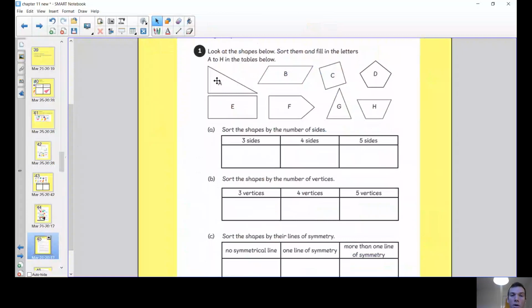So just to show to you, we've got A here that has a number of sides. Let's count 1, 2, 3. And therefore I would be writing A into this box. Okay, so that's what that page entails.